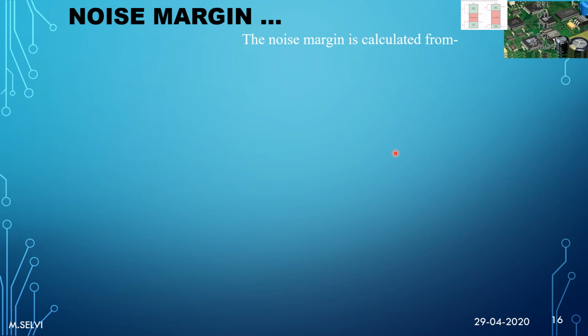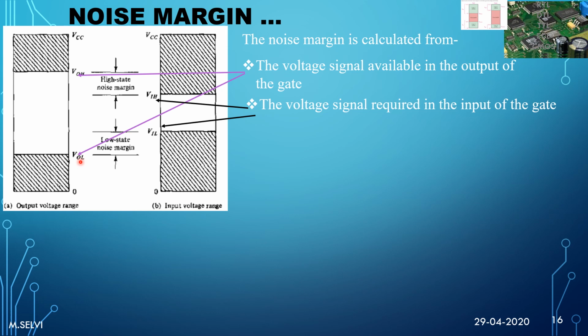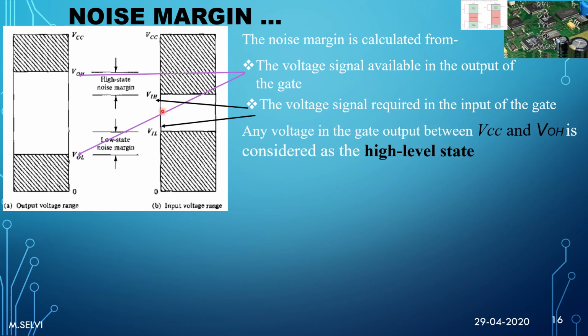Noise margin is calculated from the voltage levels available at the output of a gate, either a low level output or a high level output. VOL is the low level output and VOH is the high level output. At the input side, we designate VIL as the low level input and VIH as the high level input.